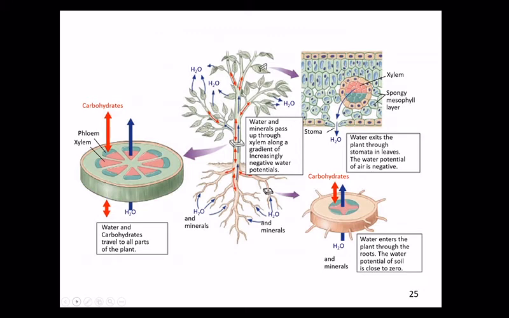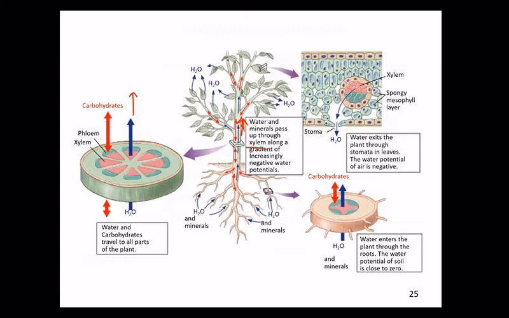So when we talk about the movement in the plant, there are a couple of terms that I think we need to discuss. What we've just discussed is the movement of water up the plant in the xylem, and this is determined by the water potential gradient.